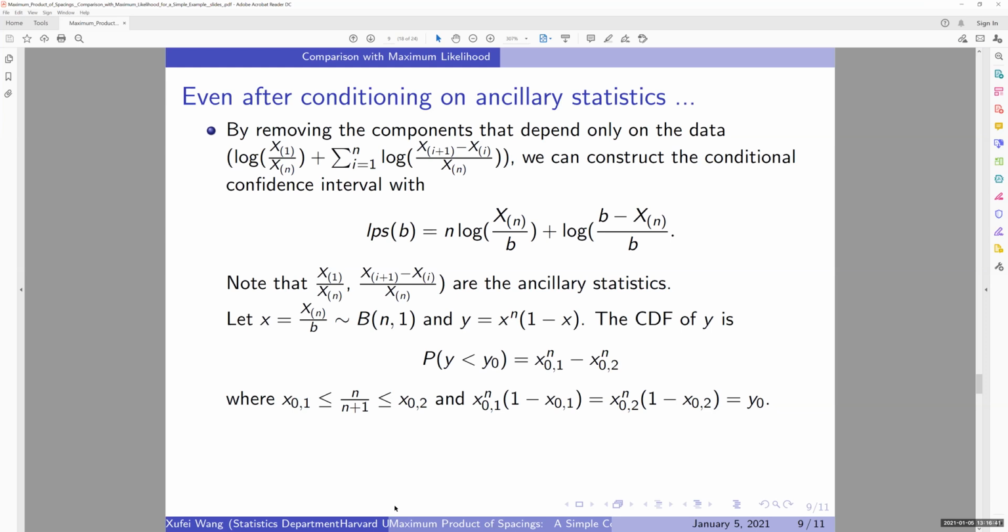I know why, that's because of the Basu theorem, right? Because the ancillary statistic is invariant to B, because xn is sufficient. That's how the Basu theorem works: ancillary and sufficient statistics are independent. And xn here is sufficient for B. Therefore, okay, you're right.